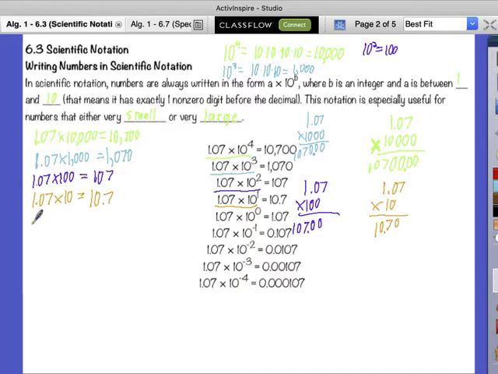How many spaces did our decimal point move from here to here? 1. From here to here? 2. Here? 1, 2, 3, so we had to add a 0 in. 4, so we had to add 2 zeros in.